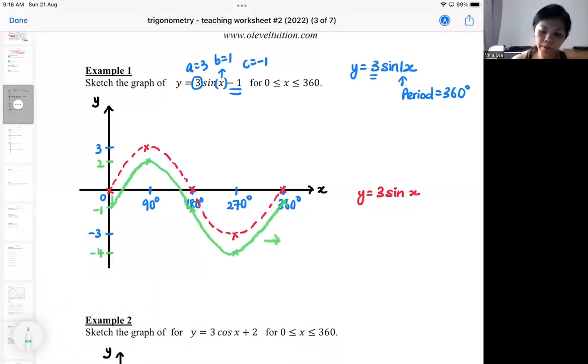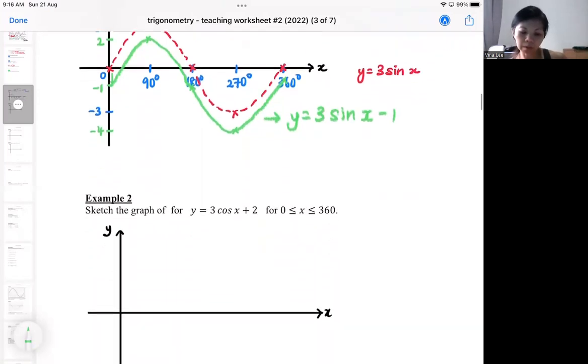So this one will be the final graph. So from the dotted line, you should feel the vertical effect down. Okay, so it's always all right if you draw a dotted line first.